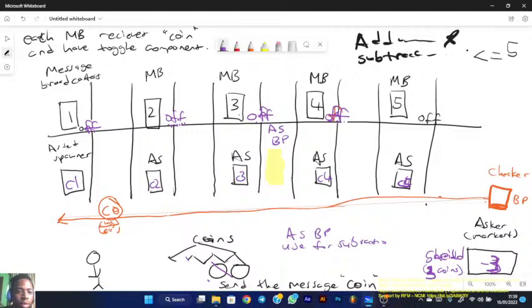And 0 coins left means that this guy would be off and this guy would be on. 0 coins left. It will move to the left and be detected by this C0 and send the message 0.